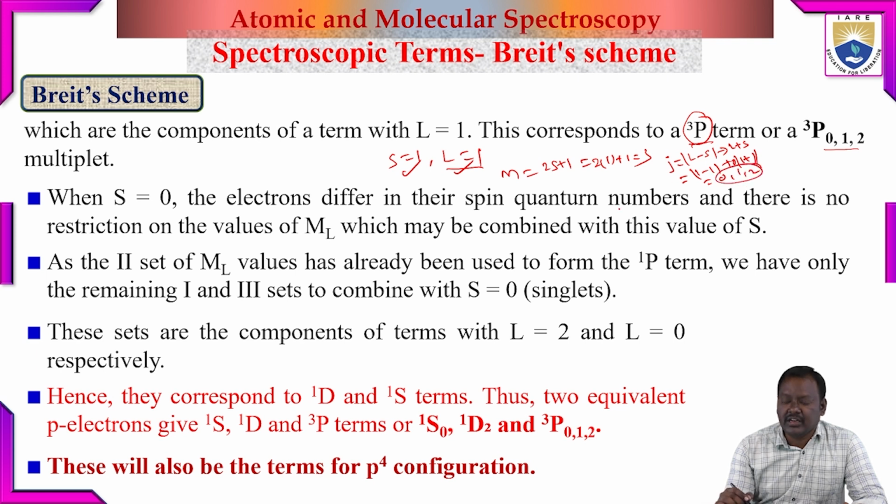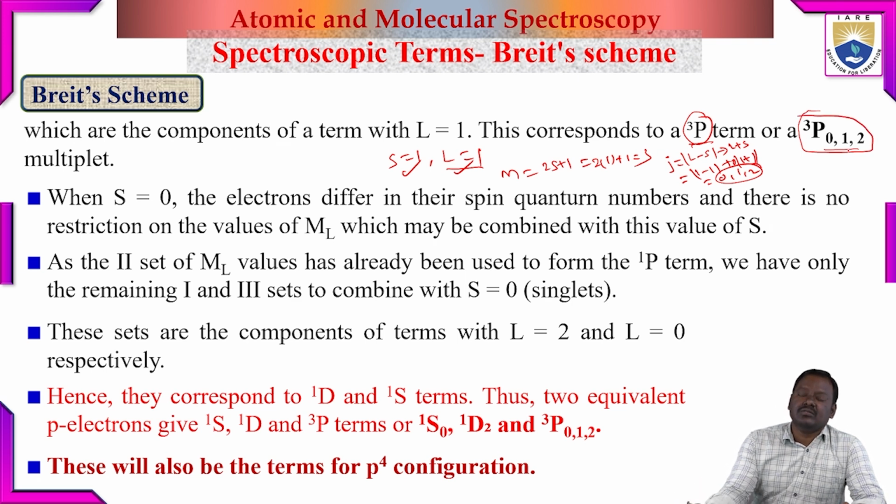So these are the j values. So the final spectral terms, fine spectral terms, 3p 0, 1, 2, correspond to the second set of ML values, whenever we consider possible S value is 1.